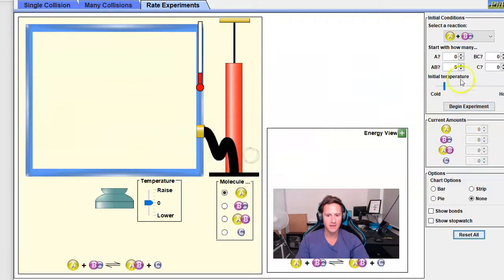So then I could reset, change the concentration of chemicals. Maybe I'll figure out my times. I might go for 100 seconds instead. And now this time I'm going to increase my concentration of reactant particles, and I'll have the temperature set at this level.